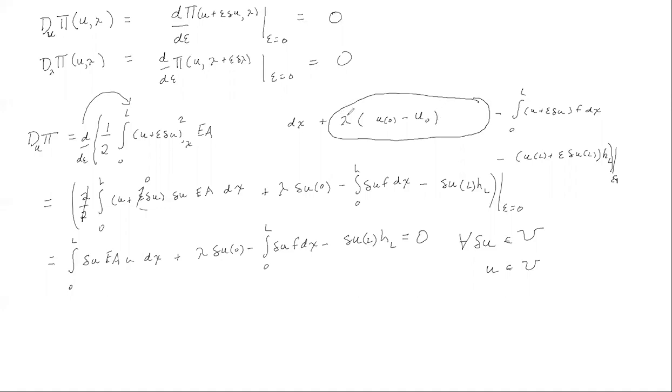we're going to replace this with lambda plus epsilon delta lambda in here. And then this, maybe I'll just move this up so that we don't have to rewrite everything, is nothing more than d d epsilon of lambda plus epsilon delta lambda, u at 0 minus u naught, as epsilon goes to 0.